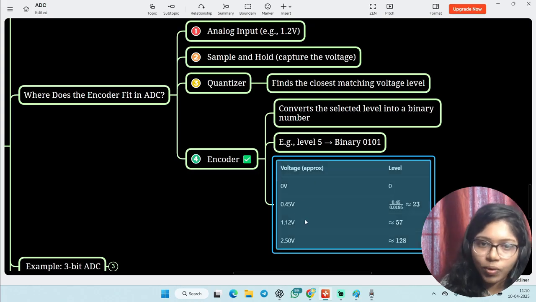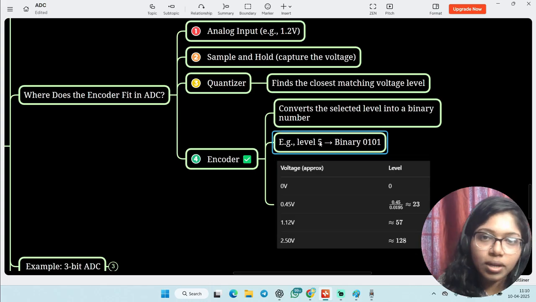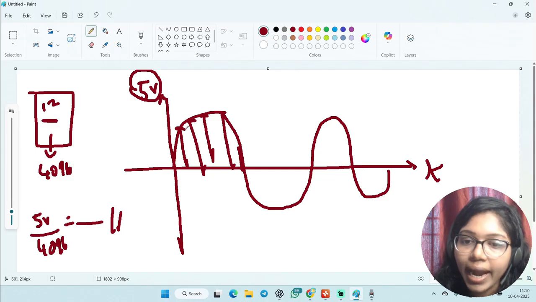Now the next one. If you want to get the level of your binary values, because you have to sample the data, right, you need to know the level of each value. Here you can see the voltage value.